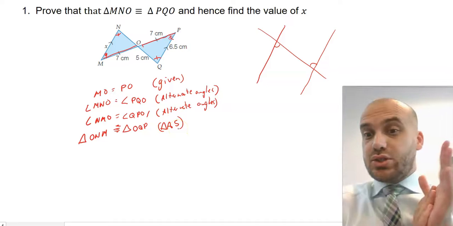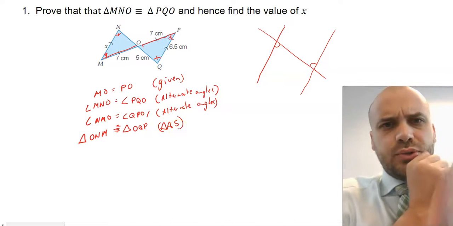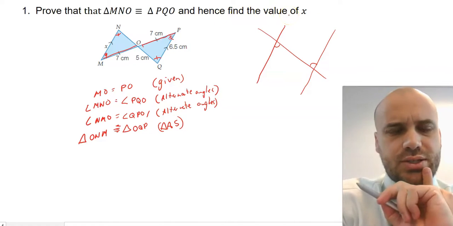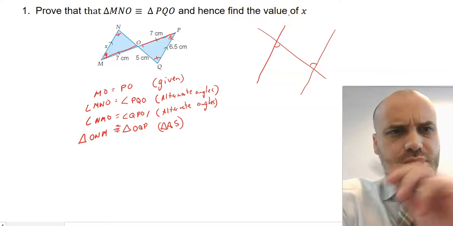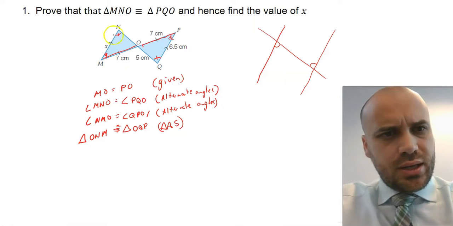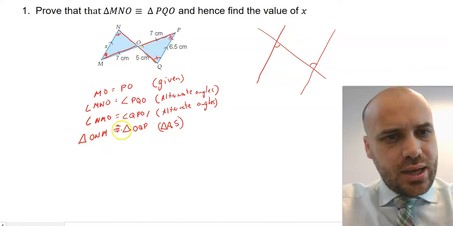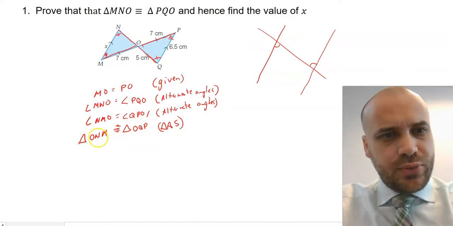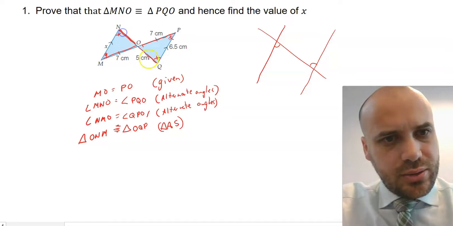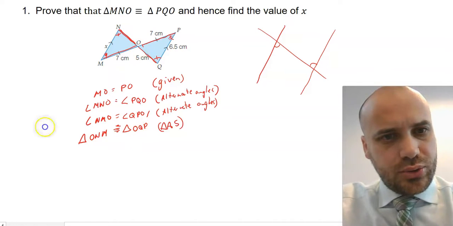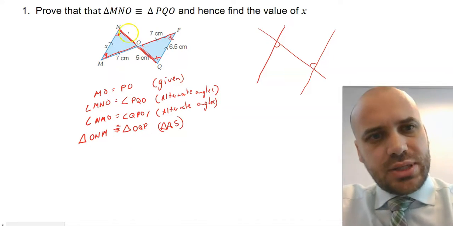Now, of course, they didn't stop there because they also say find the value of x. So let's do some work here. We know that this line matches up with this line, right? Because ONM, OQP, the order, ON matches up with OQ. We can see that here. So that means that that's going to be 5.